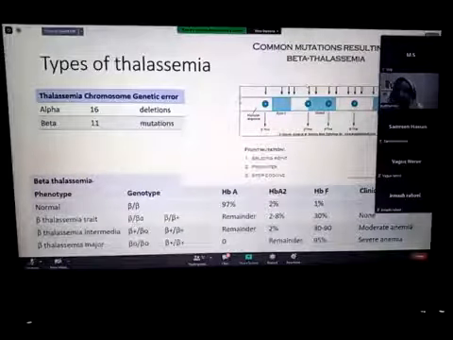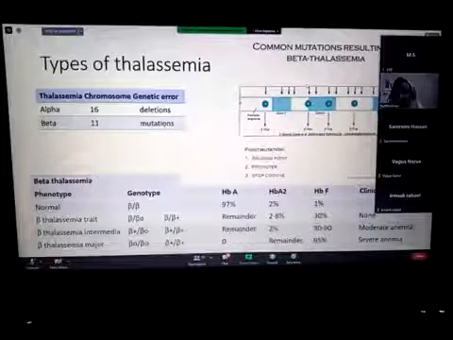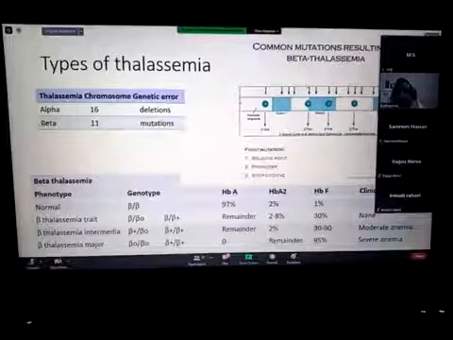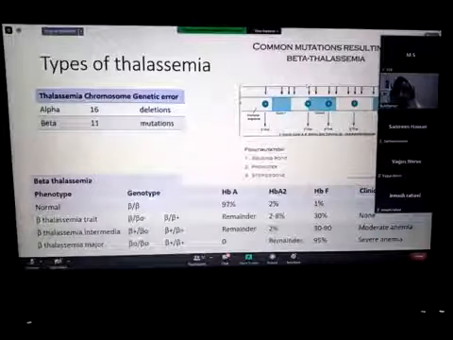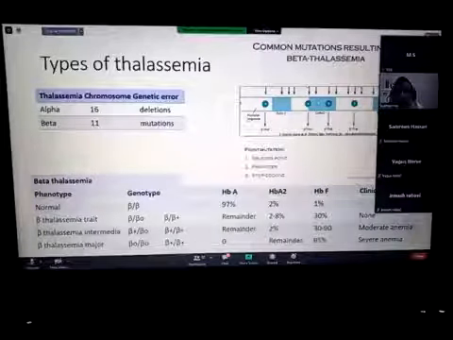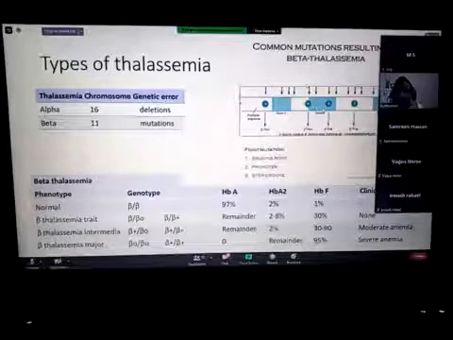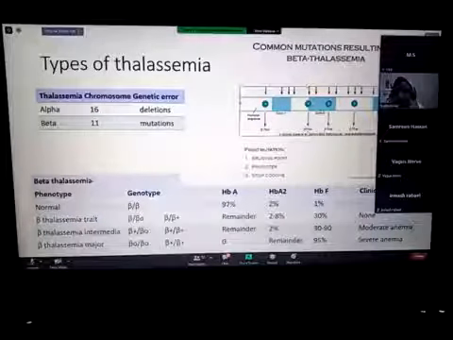If they have this in the intron, which is the non-coding sequence, they usually have mild anemia, which is beta plus thalassemia. But if they have frame shift or stop codons in the exon regions, which you can see here, that will lead to beta zero thalassemia.